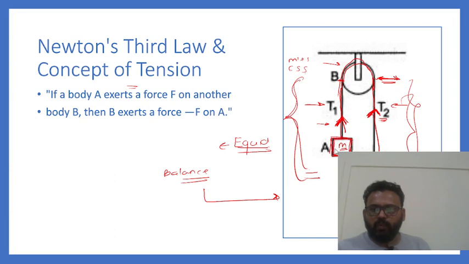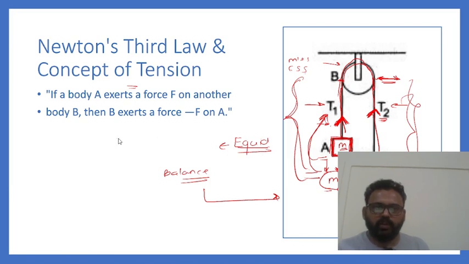If no body is moving, there is a state of balance. Now how do we get that balance? This mass produces a tension T1 in this string, which is balanced by the gravitational force mg, or in reverse fashion, if the gravitational force on this mass is mg, then it will be balanced by the tension in the string, right? To every action there is an equal and opposite reaction.